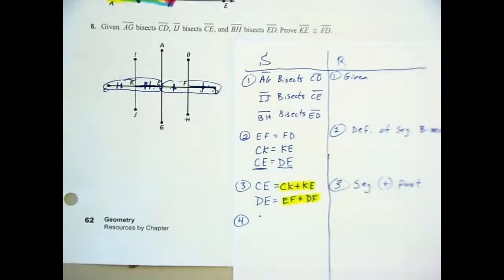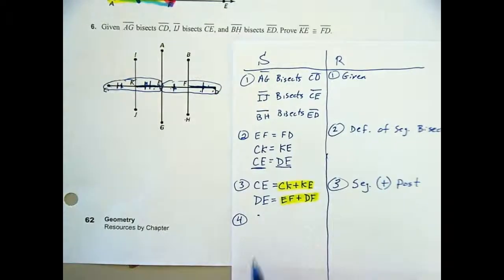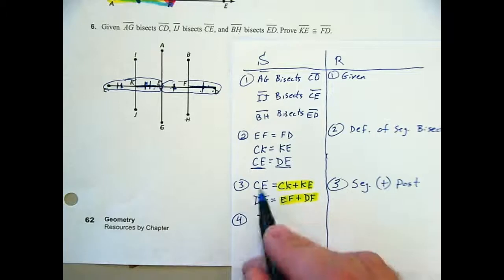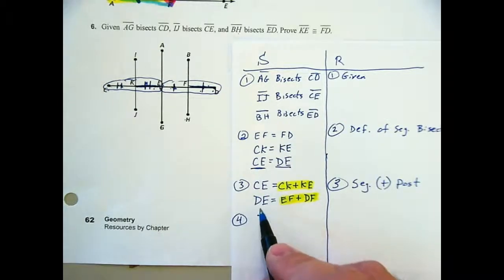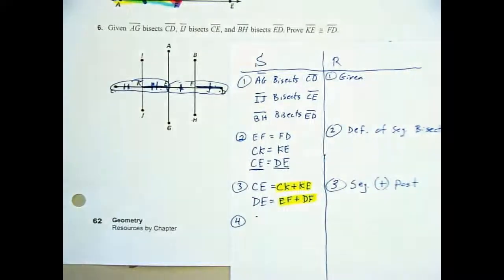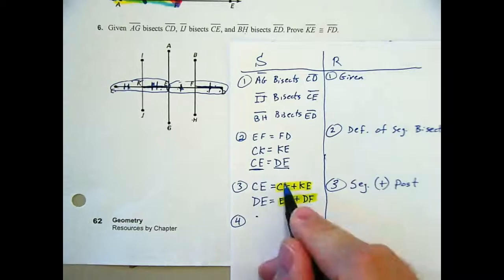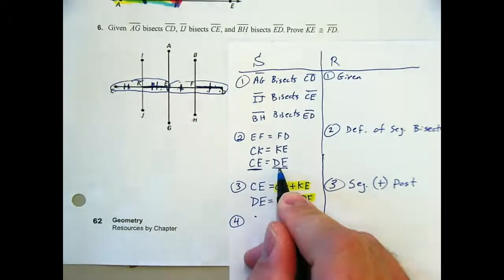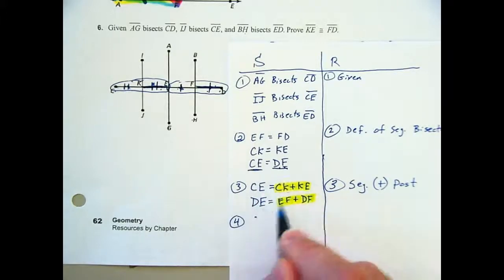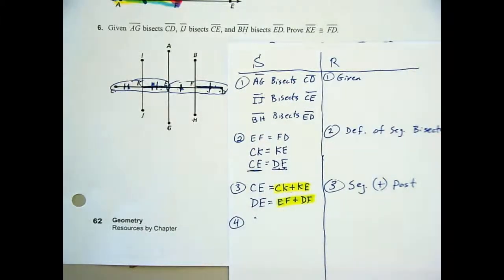Alex? CE plus DE equals CD. Yeah, we don't even have to do that. If CE equals DE, and this is CE, and this is DE, yeah.